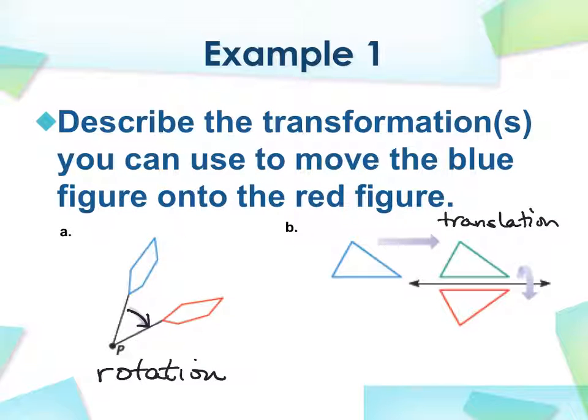And then from green to red, they flipped it, so that's a reflection. Know these three types of transformations. This will be the type of question you will get on the quiz. You'll get it wrong if you say slide, flip, or turn. So memorize these three official words, translation, reflection, rotation, and know what they mean.